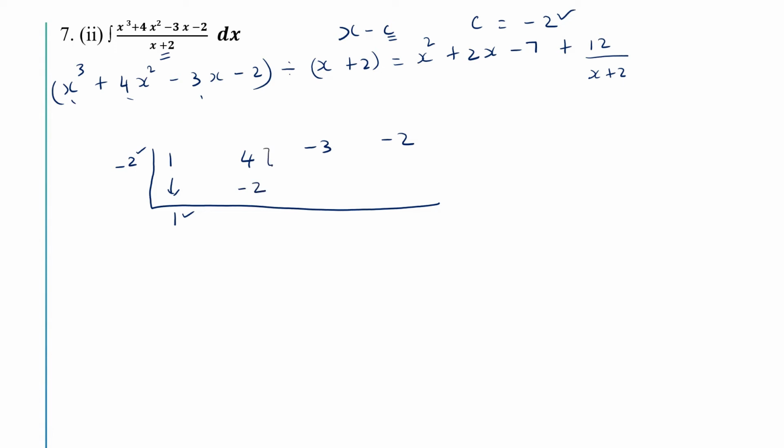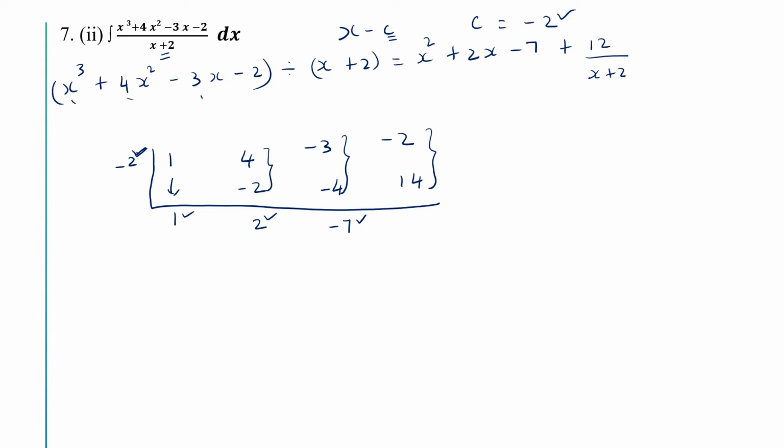Now we add these two. 4 minus 2 is 2. Then we multiply 2 with minus 2 and write it here, so it is minus 4. Now add these two. Minus 3 minus 4 is minus 7. Now we multiply minus 7 with minus 2 and write it here, so it is 14.